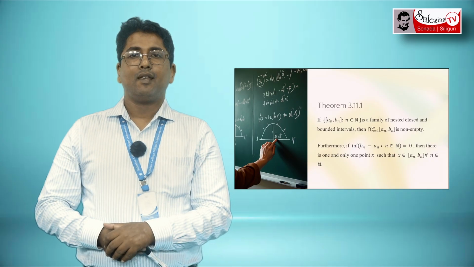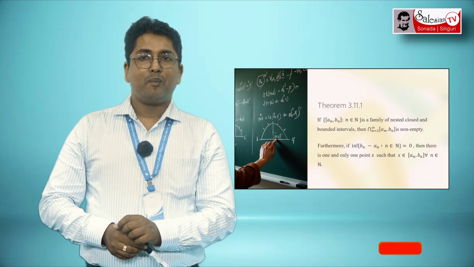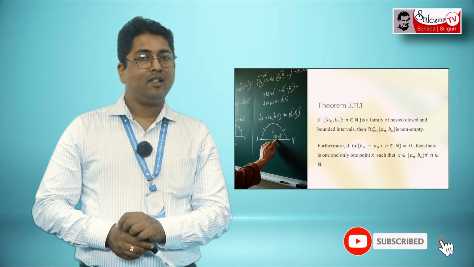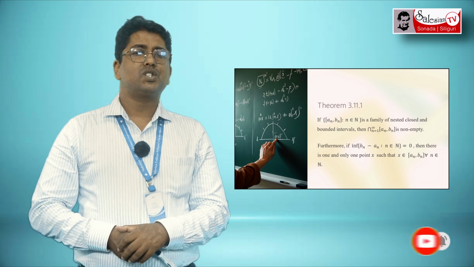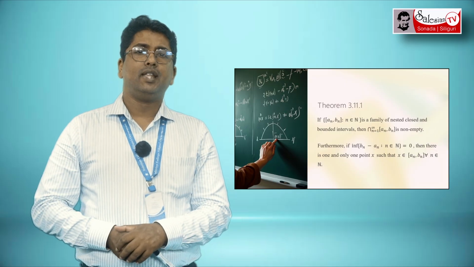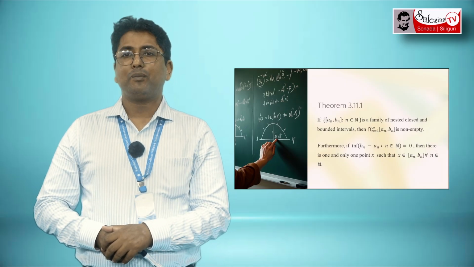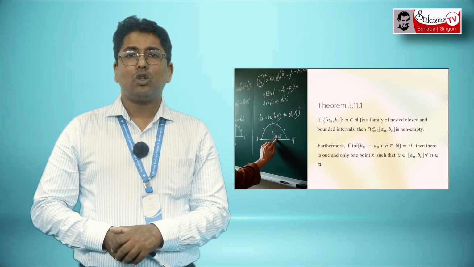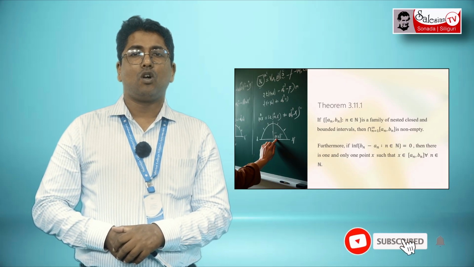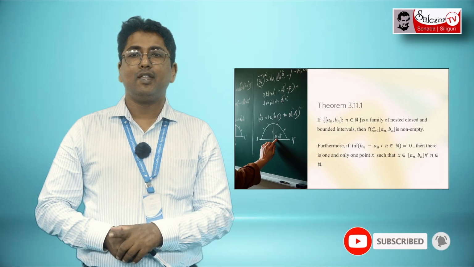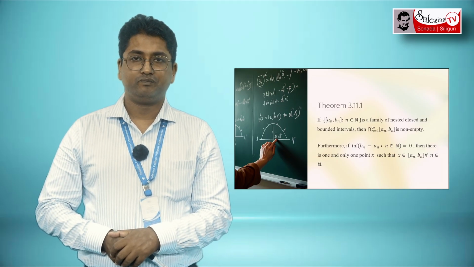To state the theorem precisely: if [an, bn] is a family of nested, closed and bounded intervals, then the intersection is non-empty, and if the infimum of their lengths is 0, then not only is the intersection non-empty, but it contains exactly one point. This is the statement of the nested interval theorem.